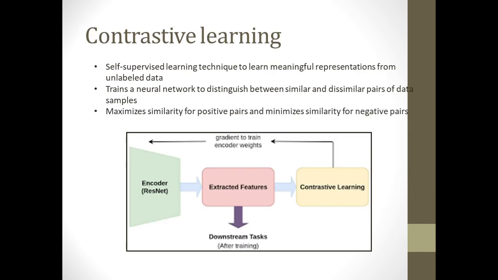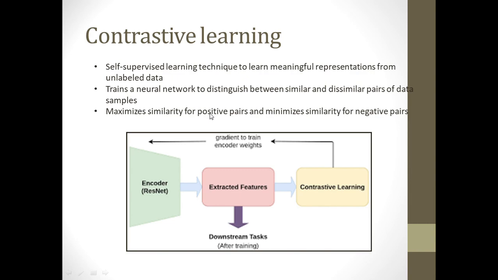We extract the features and give them to contrastive learning. If there are 10 data points, it maps all the similar data points at one place, and it separates the data points which are dissimilar. The more common the features are, the more grouped they are, and the more dissimilar, the more ungrouped.